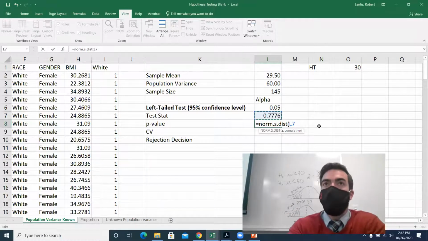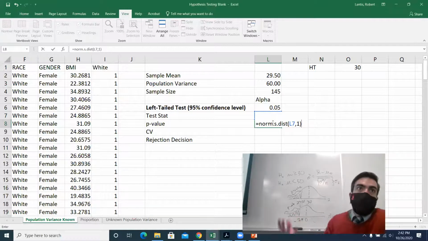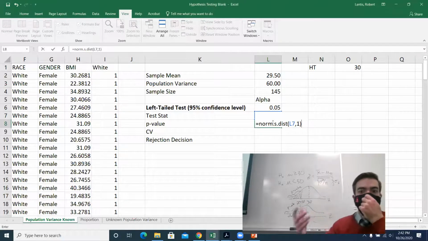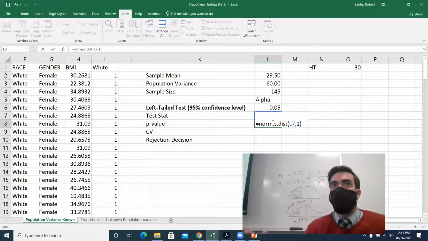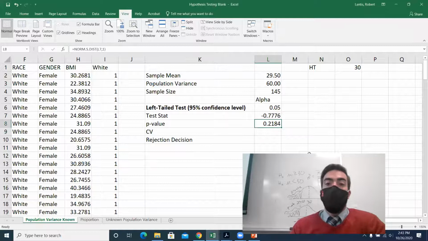So I'll select my z-statistic, comma 1 gives me the area to the left of that. For a left-tailed test, now I'm done. For the right-tailed test, once I found the area to the left, we had to subtract that from 1 to get the area to the right. But for the left-tailed test, I don't have to do anything else. So I get this p-value of about 0.218.